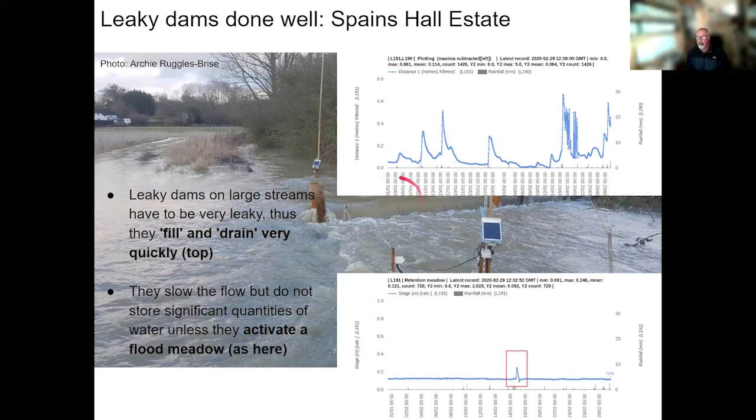But a dam works well if it does exactly what this dam is doing. It raises the river just enough so that it floods a floodplain that you don't mind flooding, right? Because what you don't want to do is to flood the village downstream. And so we had sensors on these, and we had a sensor on the floodplain, and we could see every time that the floodplain was activated in this kind of way by a particular event.